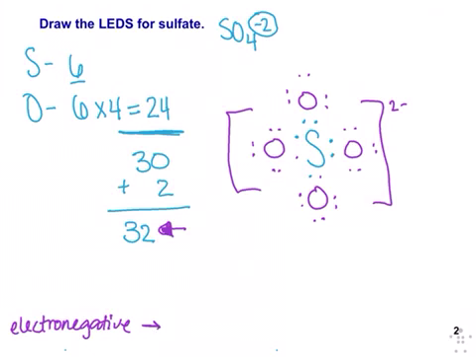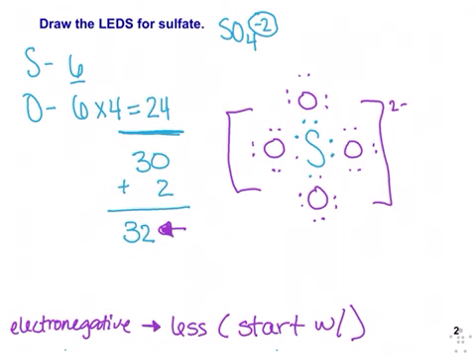There have been questions about how to know which element to start with. Generally speaking, there are exceptions to this, but you take the less electronegative element and put it in the center, or start with it.